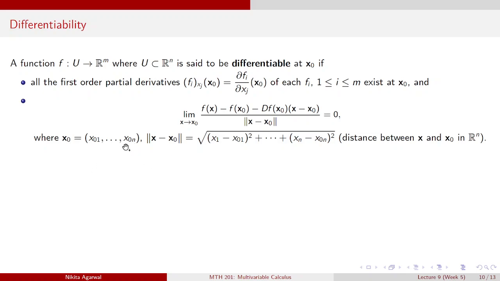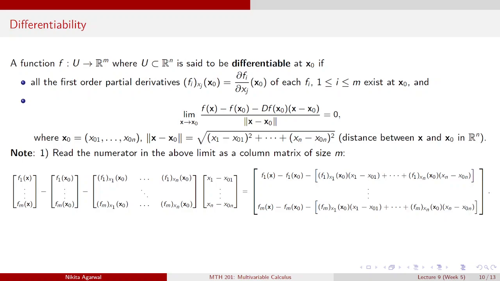I am indexing them like this, and the denominator, which is the distance between x and x naught in Rn, is the square root of the sum of squares of the individual coordinate-wise differences. Okay.